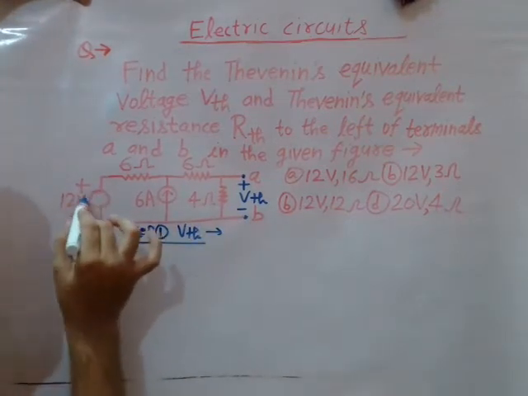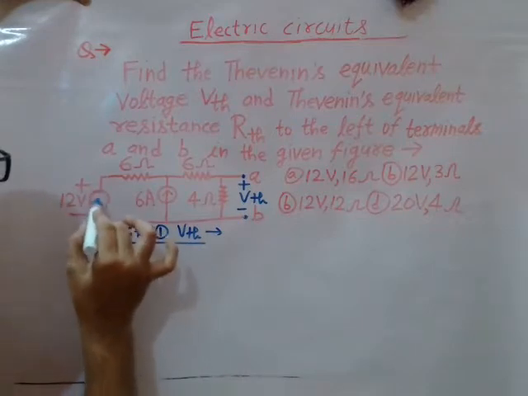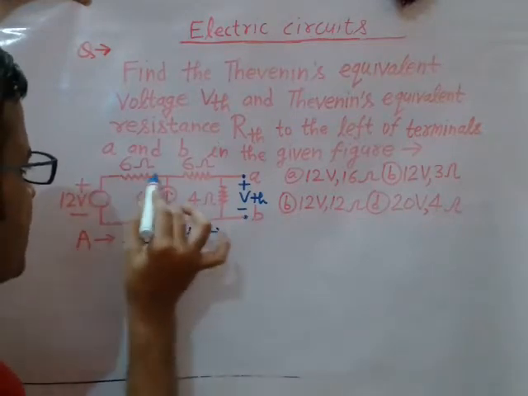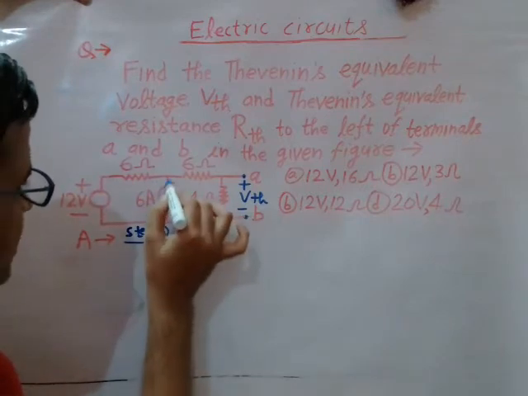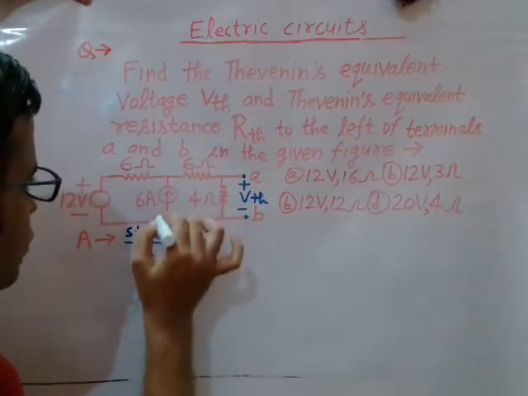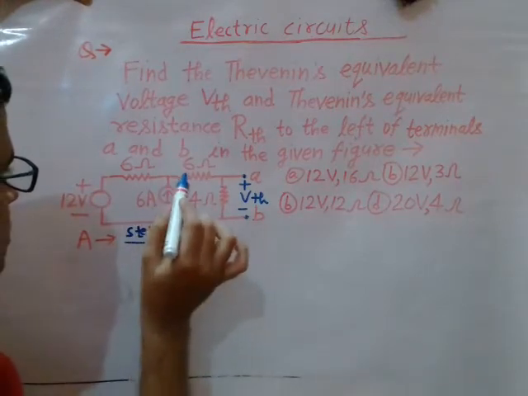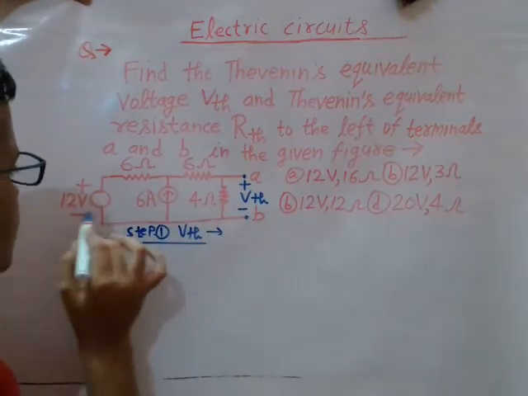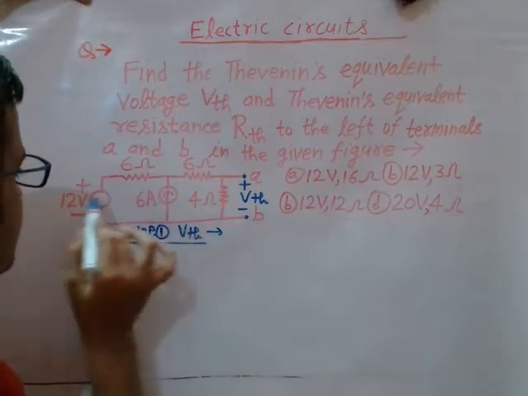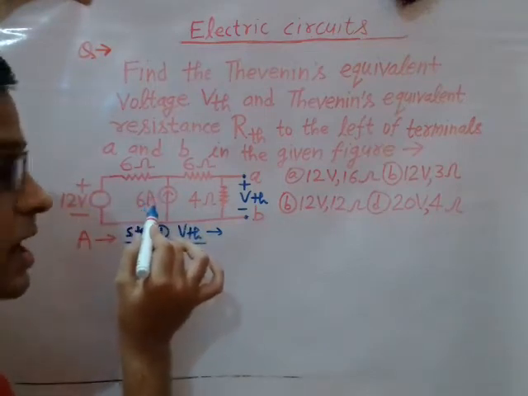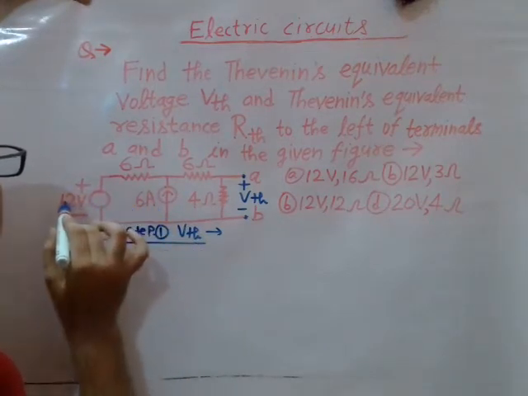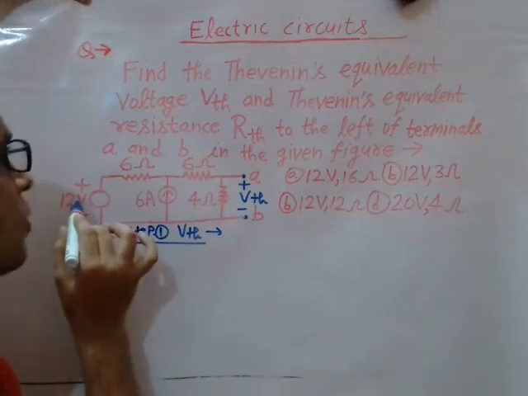A 12 volt voltage source has been connected here, and in series with it a 6 ohm resistance is connected. This is a current source of 6 amperes. Both the 12 volt voltage source and the 6 ampere current source are independent sources, because 12 volt does not depend on any other parameter.